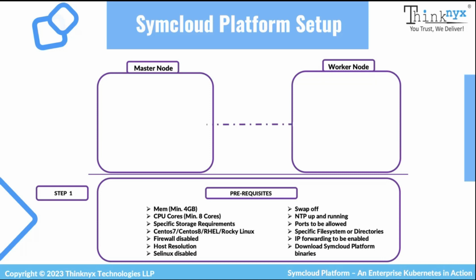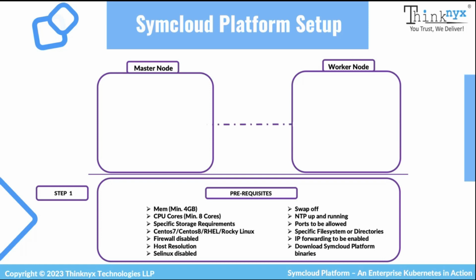So you have to allow certain ports which are all very well documented. There are specific file systems and partitions which we need to create. IP forwarding should be enabled so that the virtual interfaces can talk to each other. And obviously, we need to download the binaries of the SimCloud platform.